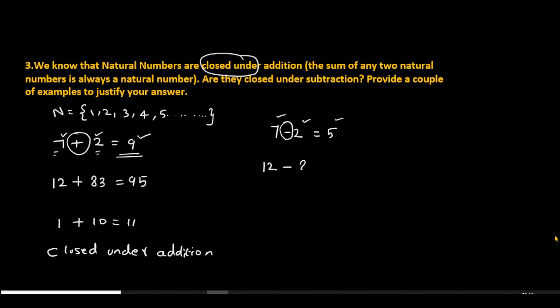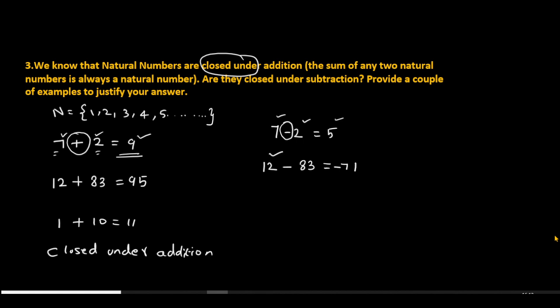12 minus 83. What will be the answer? 12 is smaller than 83. So when we subtract, we will be getting 71, minus 71. You know very well.